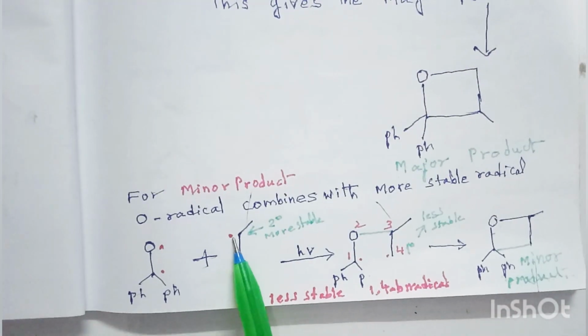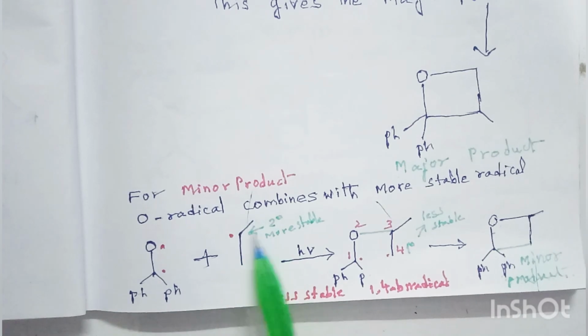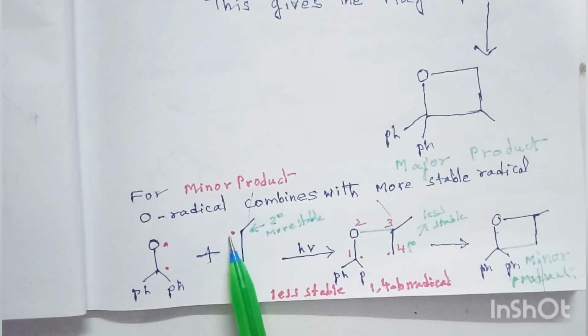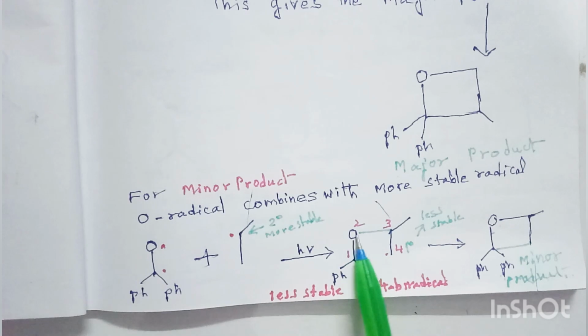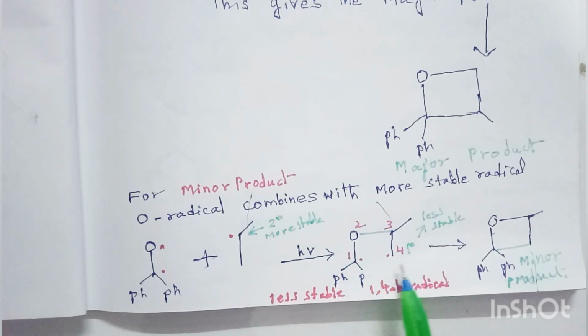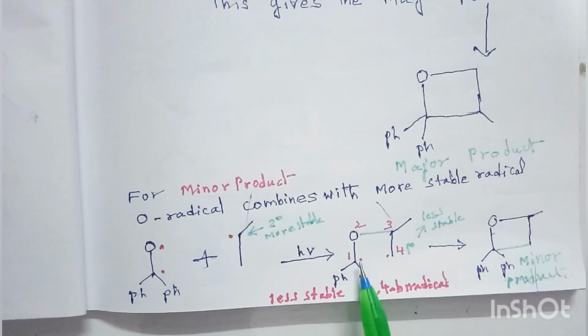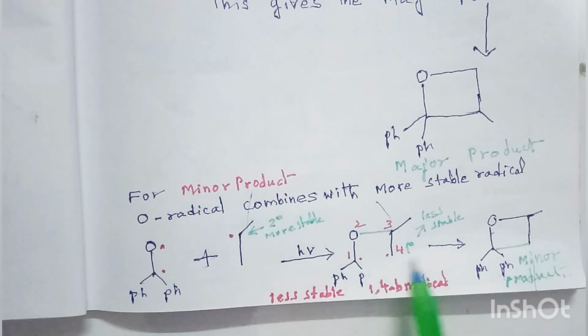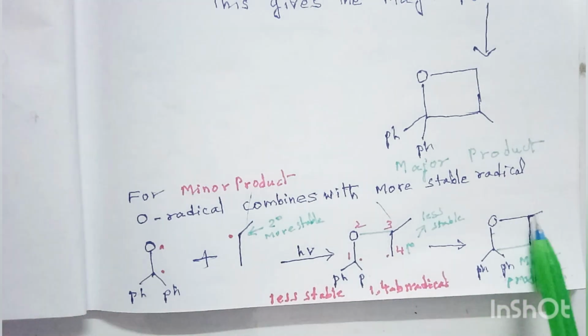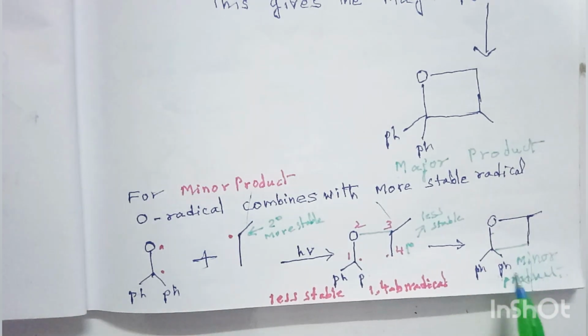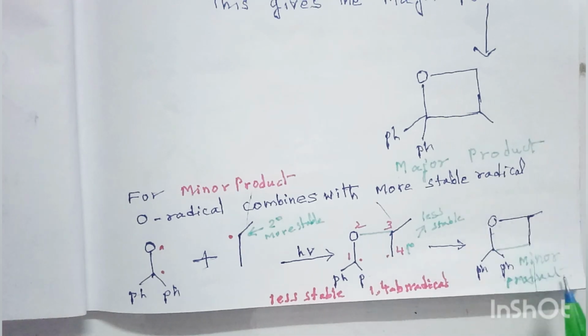So this is the second degree radical, more stable. These two radicals will combine together to form a bond. So this forms a less stable 1,4 biradical intermediate. Then these two radicals will join together to form the oxetane, which is the minor product.